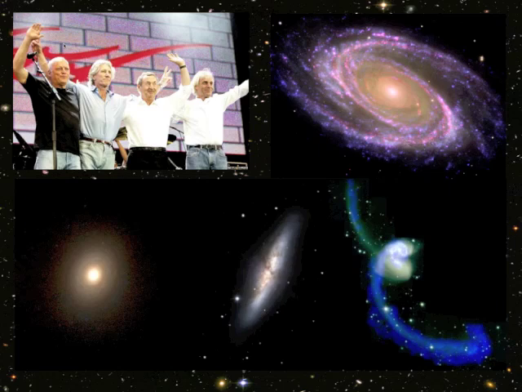And the other problem is that when we look around in the local universe, we see different types of galaxies, like the ones I'm showing here, and they all come in different shapes and they have different colors. But all of these galaxies that we see in the local universe have a significant amount of very, very old stars.